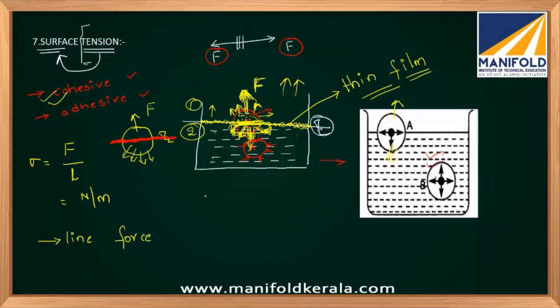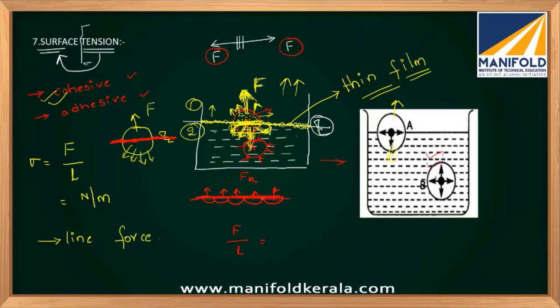See, now this is a free surface. We have n number of bubbles like this. If you take a free surface, here you'll have a tensile force. For each and every one, this will be the resultant tensile force. So your force per unit length, totally the film will be formed due to all the molecules.